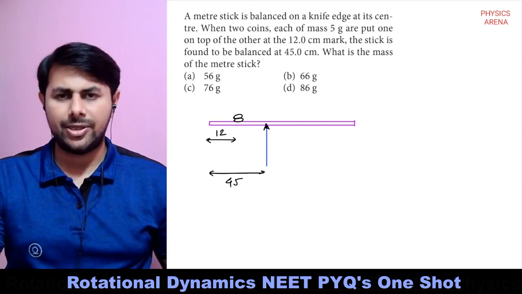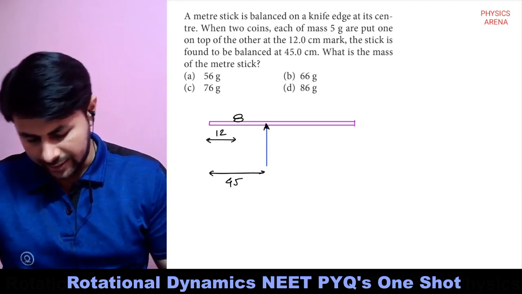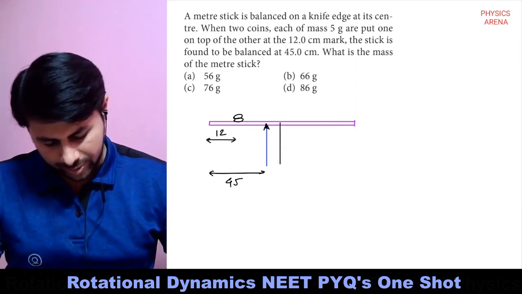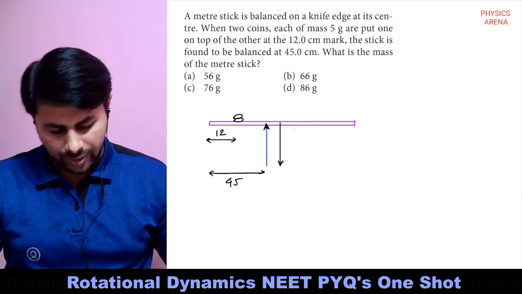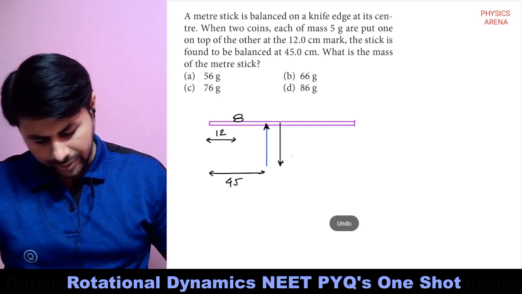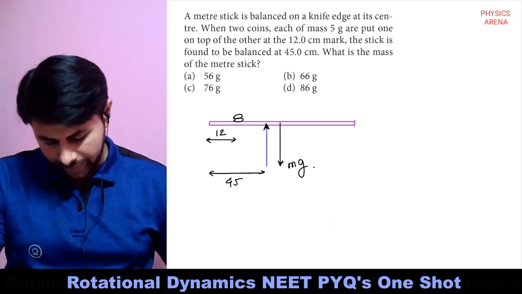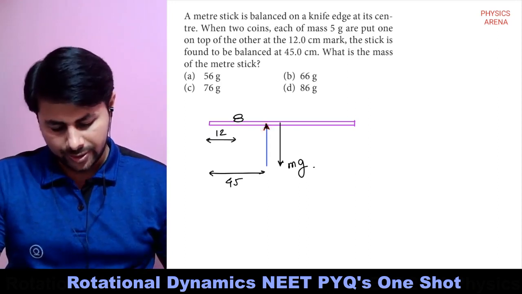What is the mass of the meter scale? Its weight will act downwards from the midpoint, from 50 centimeters. So this is mg. And then you are balancing it about this point, right?